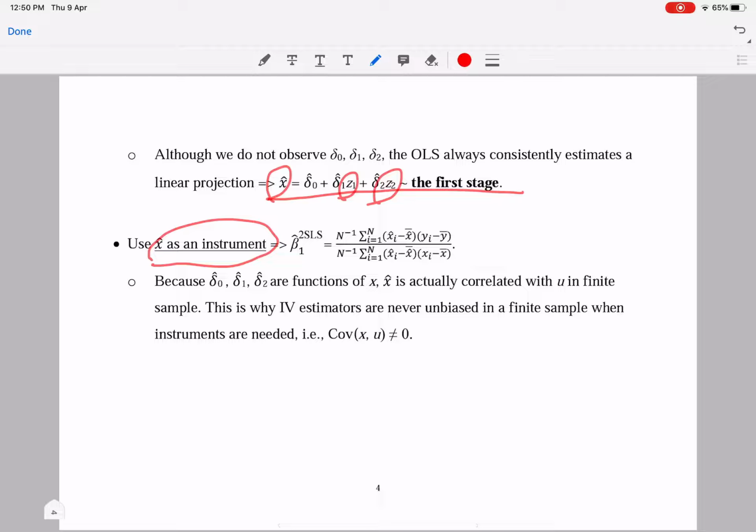If you plug x hat into the IV estimator, replacing z by x hat, we have our two-stage least square estimator.